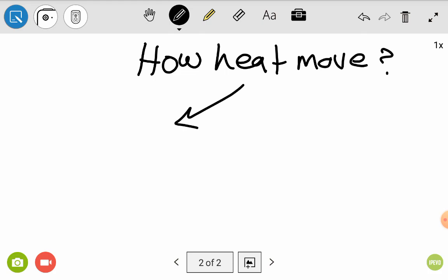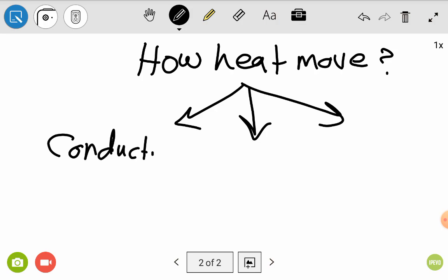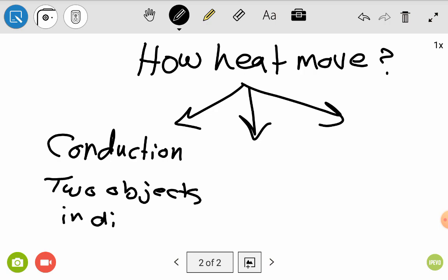We said through three different ways, or three different methods: conduction, and from the video that we saw, conduction is when two objects touch directly.